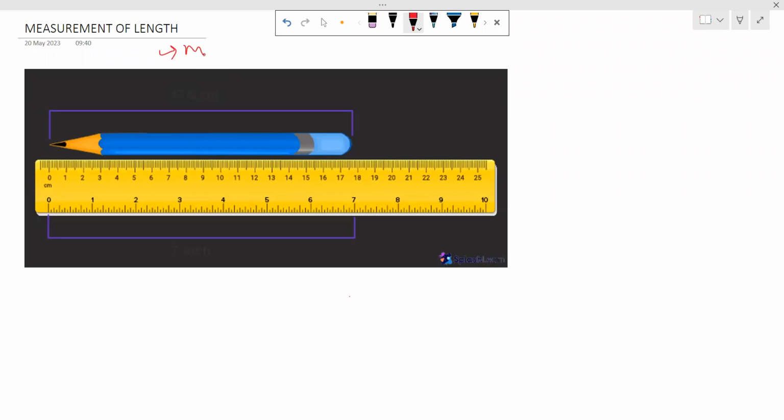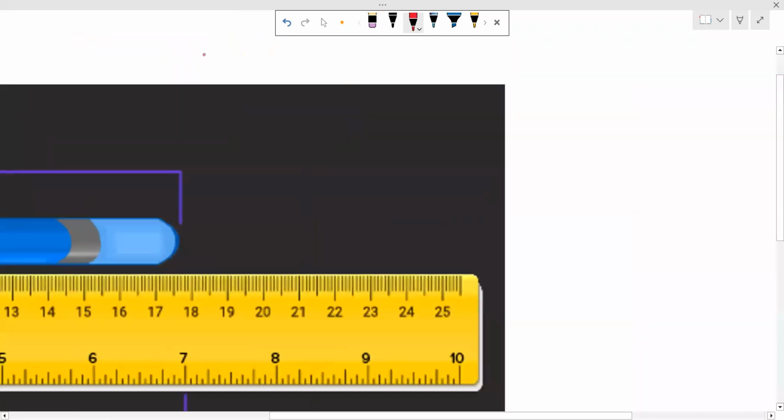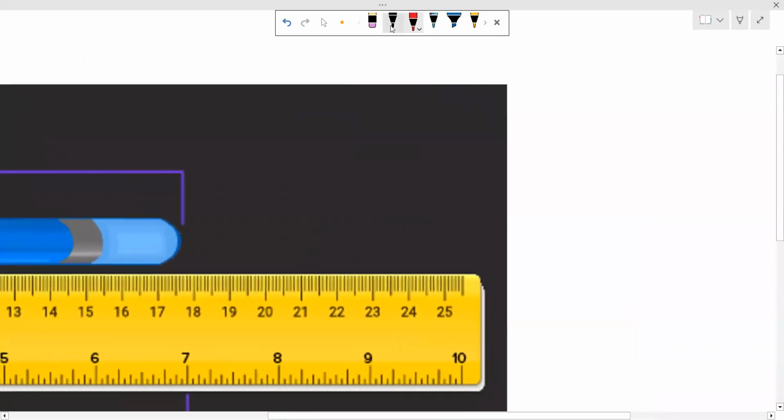There are some shorter units for length and larger units for length. What are the shorter units? Meter, decimeter, centimeter, millimeter.